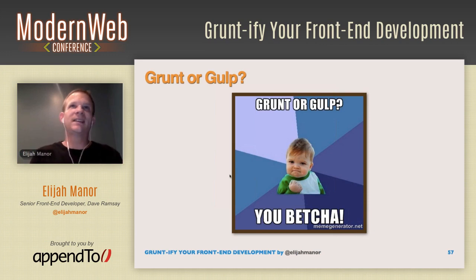So SCSS lint is a node package that technically runs. Actually, that's not true. JSCS is a node package, and the Grunt task is a call through to it. And so the Gulp plugin is just a call through to the node one. SCSS lint is actually a Ruby gem. Unfortunately, there's not a node version of it yet, but Grunt will actually call the Ruby gem under the covers.